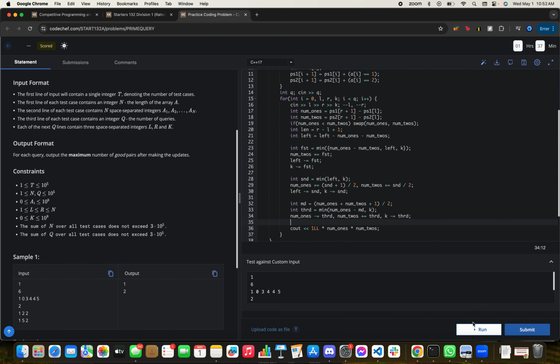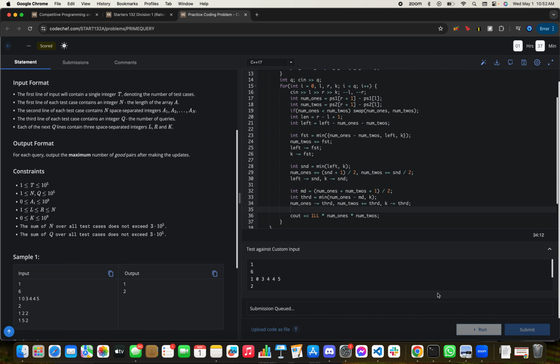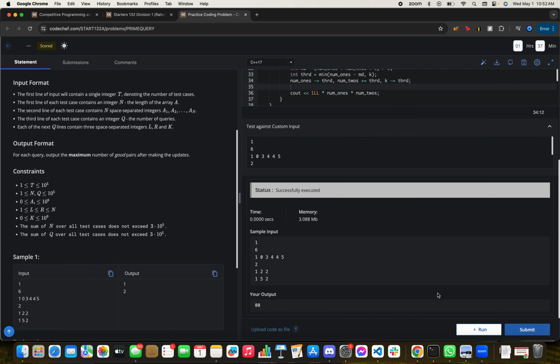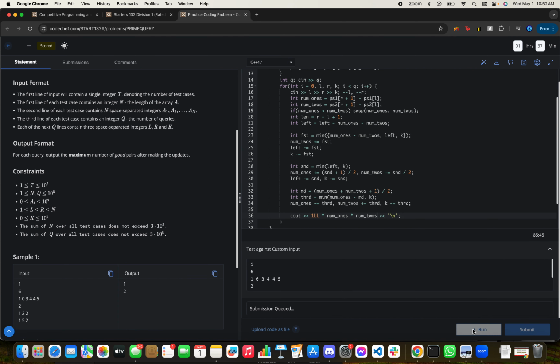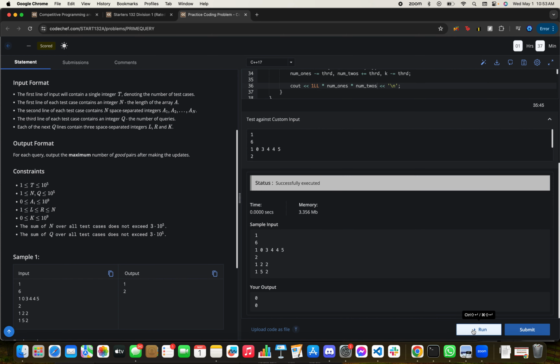At which point we can't do anything more. So I think this works. 0, 0. Well, first thing we should do is just move this out of the way.